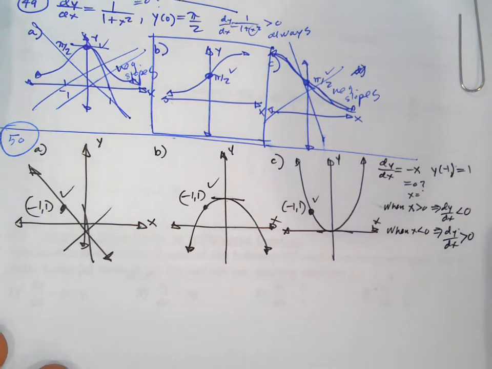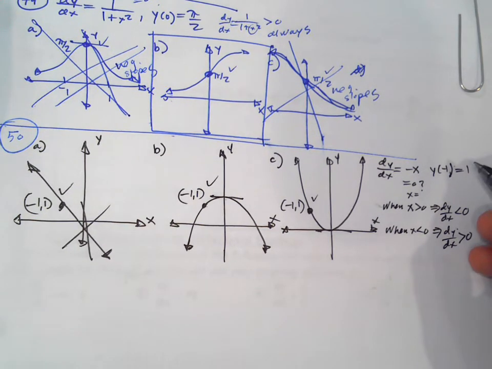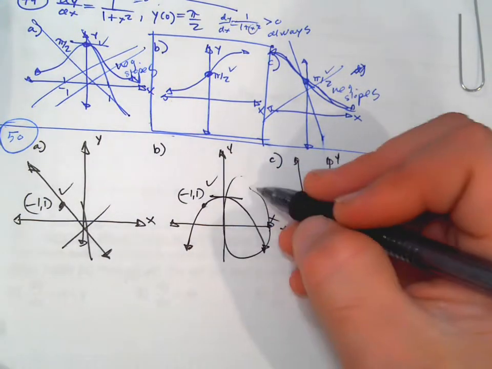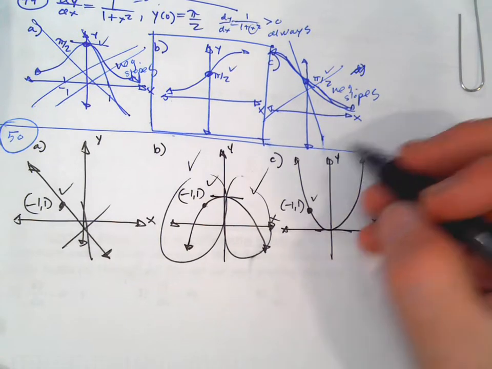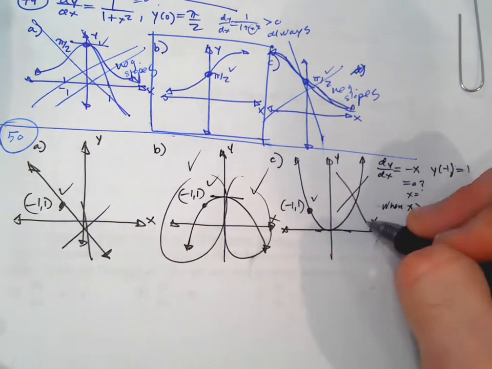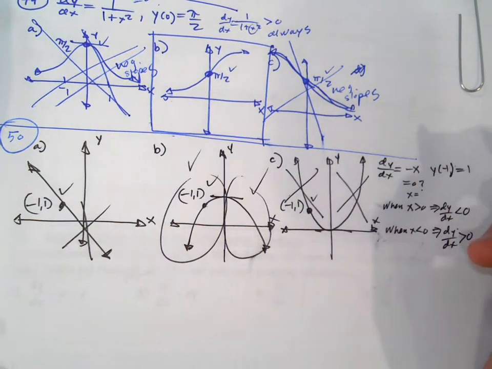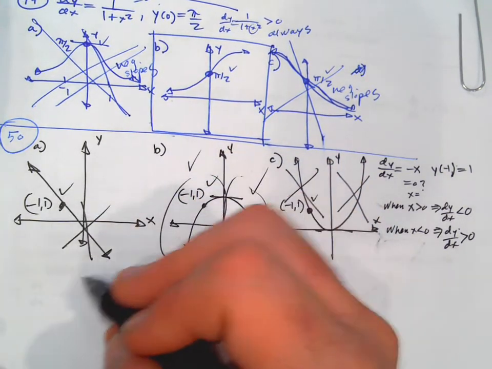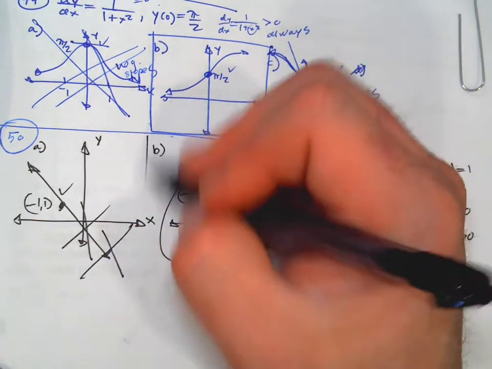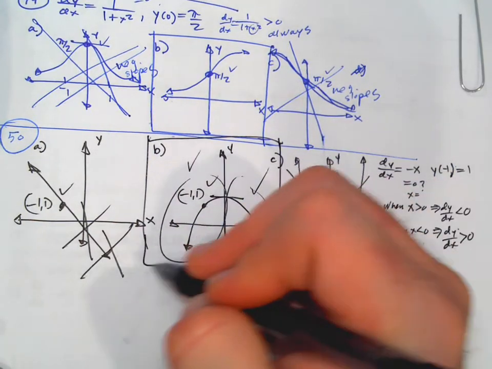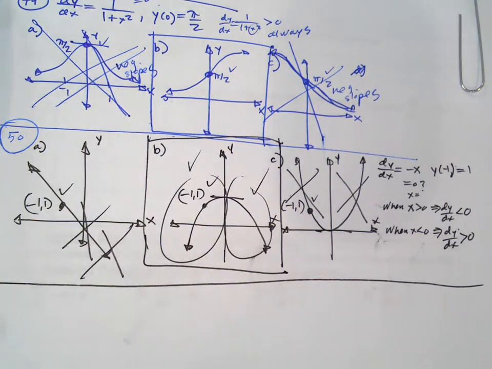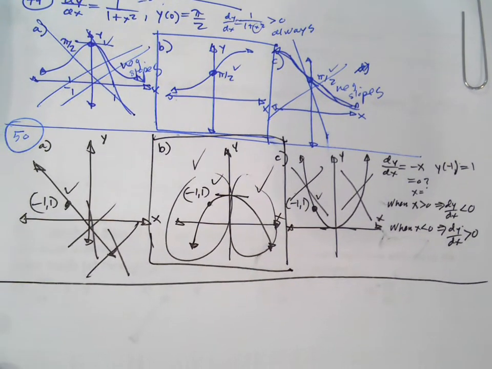So we're looking for one that is negative on the right, positive on the left. This one's just negative all the time, so negative on the left, positive on the right. So the only one that, based off that, could be it would have to be B. So that is just good strategy. You have to do all the work.